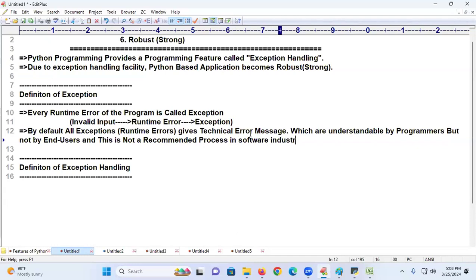Any type of business app you take, students, are you getting user-friendly messages or completely technical error messages? This is not a recommended process in the software industry.